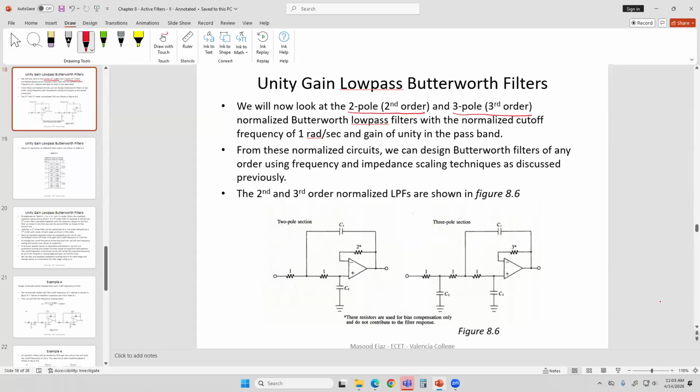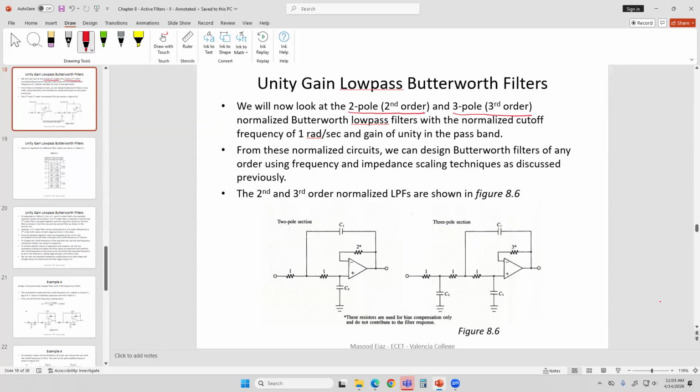So this is a two-pole section, you have two reactive elements right here, and then you have three. Reactive elements, not active, reactive elements. With the combination of two and three pole, we can design a larger filter: 4-pole, 5-pole, 6-pole. We can cascade them together, and that's what we are going to do.